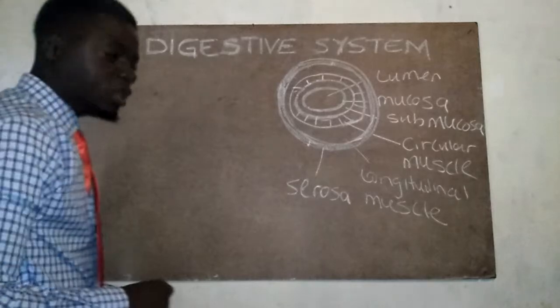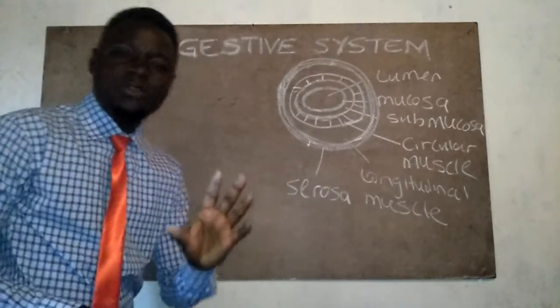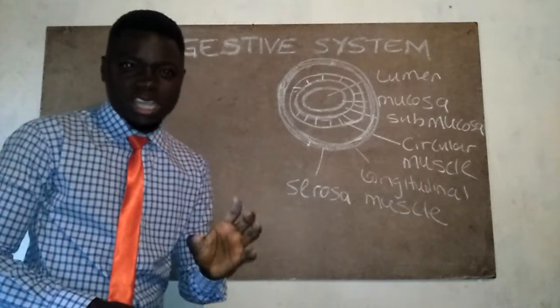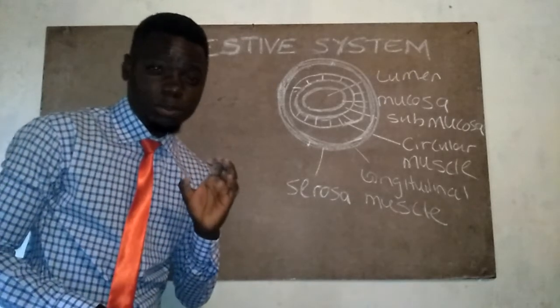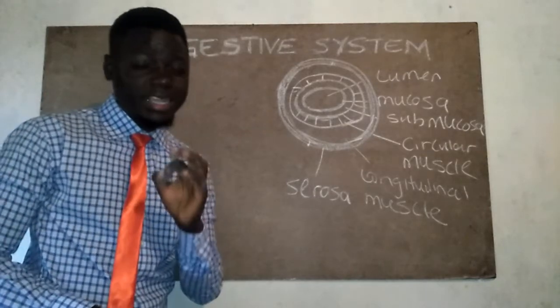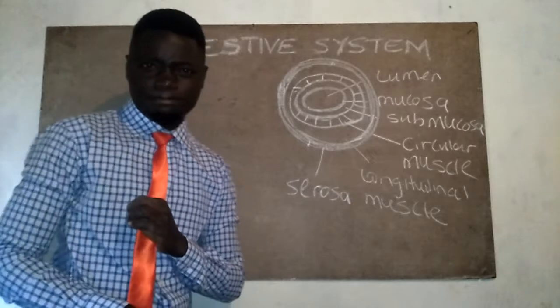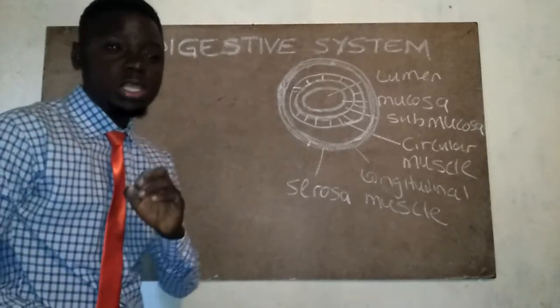So what I want to do now is look at this in a little bit more detail at the level of the stomach. We want to see how hydrochloric acid is going to be produced, how pepsin, an enzyme involved in digestion, is also going to be produced, and how gastrin is going to be produced.